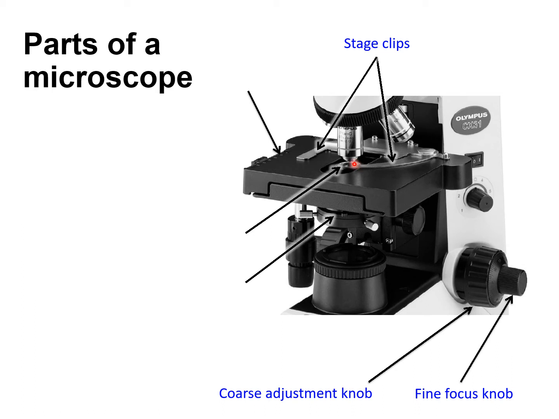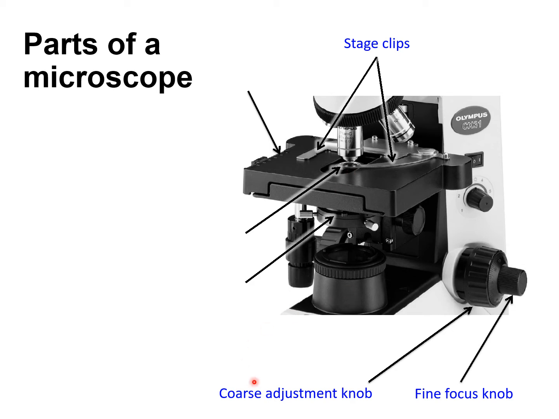And so whenever you are using the 40x or the oil immersion lens, never use the coarse knob. Because if you use the coarse knob and bring the stage any higher, the slide is going to be right here. If you bring that slide any higher up, closer to the lens, your slide is going to break.